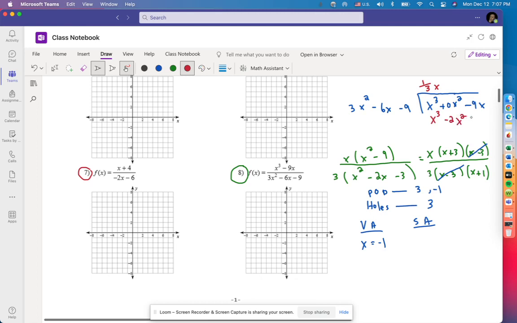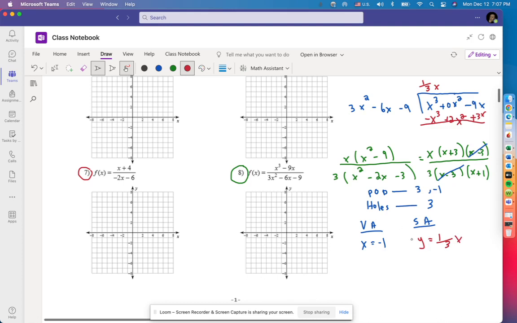Multiply that out, which is negative 3x. But honestly, I don't even care about this, because if I take the next step, change my signs, I'm going to have a remainder. I don't care about the remainder. This 1/3 x is my slant asymptote. So my slant asymptote is y equals 1/3 x.